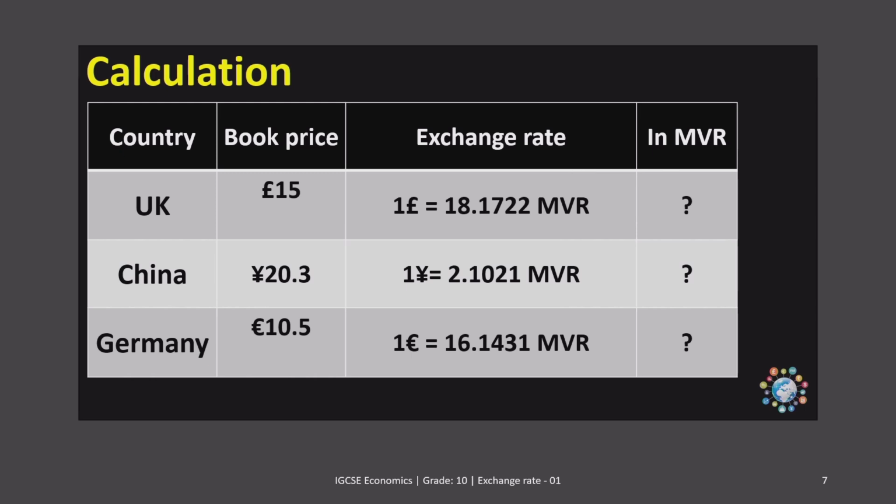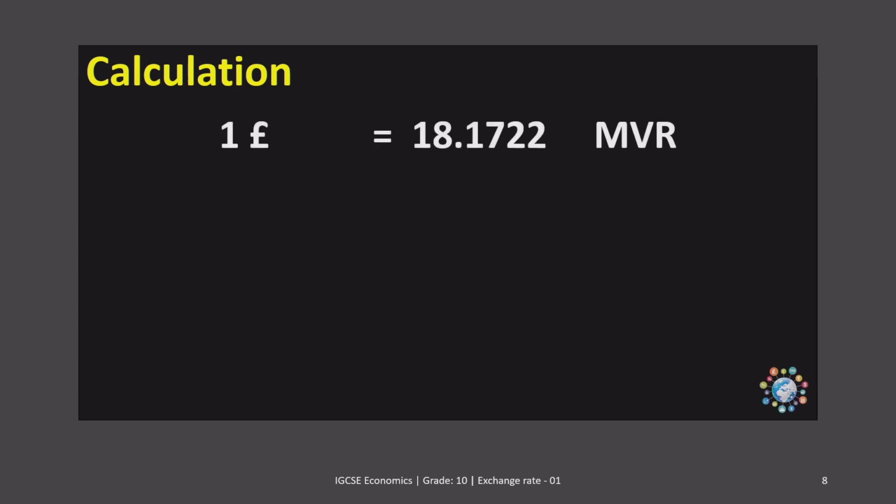So to make it easy for you, I'll just show you some more information. For example, 1 pound is equal to 18.1722 Maldivian rufiyaa according to the Bank of Maldives statistics. So, how much rufiyaa will be 15 pounds? It's not very difficult.